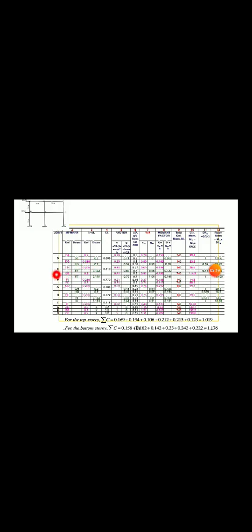At E there are two columns, EH and EB. The length of EH is 3.5, so 1 upon 3.5 is 0.286, and the length of EB is 5 meters, so 1 upon 5 is 0.2. We can see here the beam EB, length 5 meters, so stiffness will be 0.2.